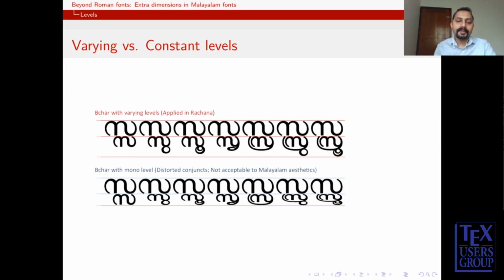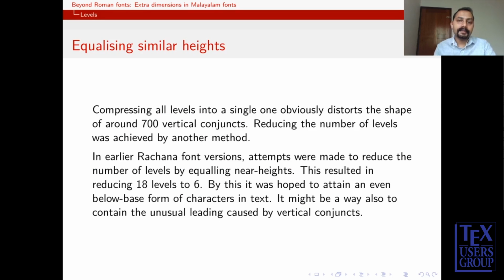The second option is equalizing some near or similar heights. So the conjuncts or vertical conjuncts with similar heights could be designed to fit in a certain number of heights.